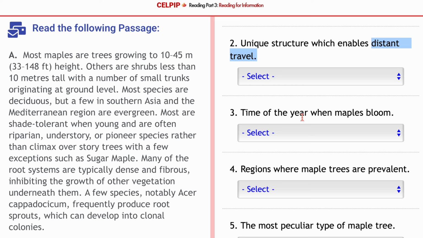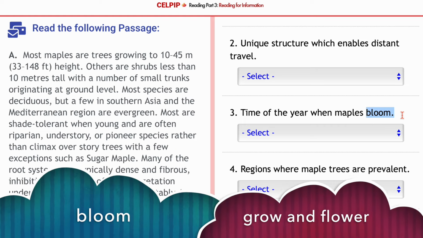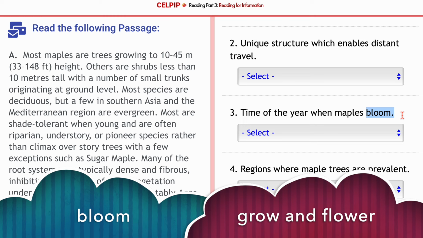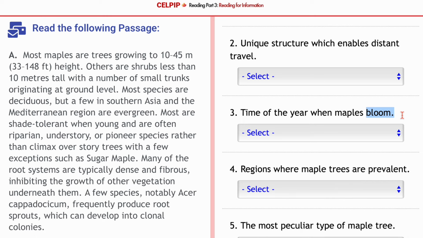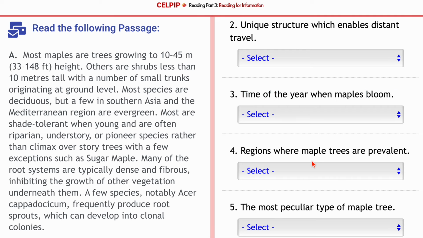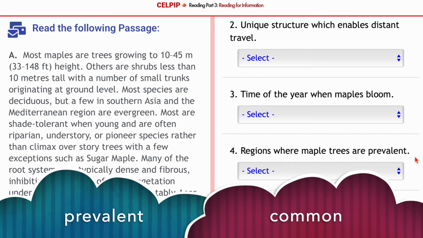Time of the year when maples bloom. No, right? Bloom, an important word to keep here. Bloom or grow, when flowers bloom. Well, I'm guessing it would be spring, and I didn't see anything about time of year in there. Regions where maple trees are prevalent. Is it an A?